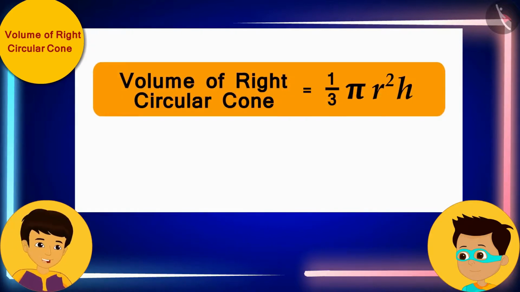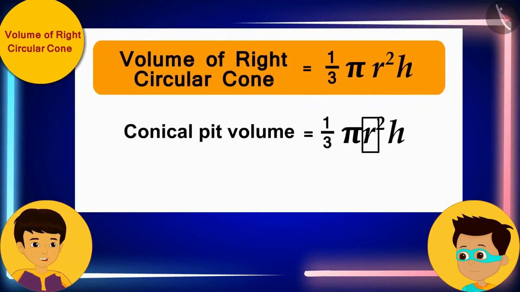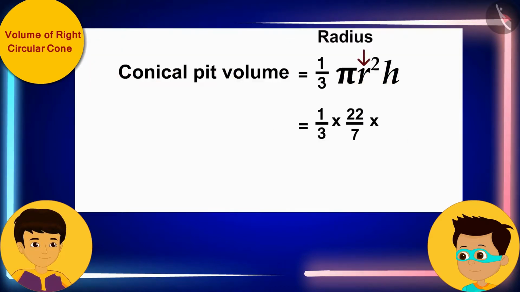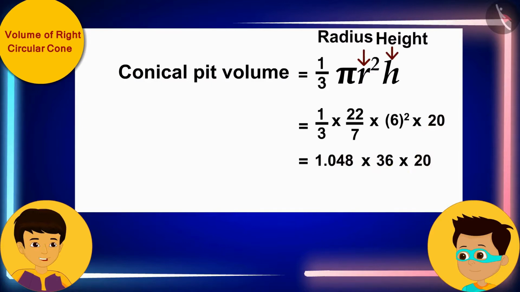Now, all we need to do is replace the values of the radius of the right circular cone r, which is 6 centimeters, and its height h, which is 20 centimeters, in the formula for the volume of a right circular cone.